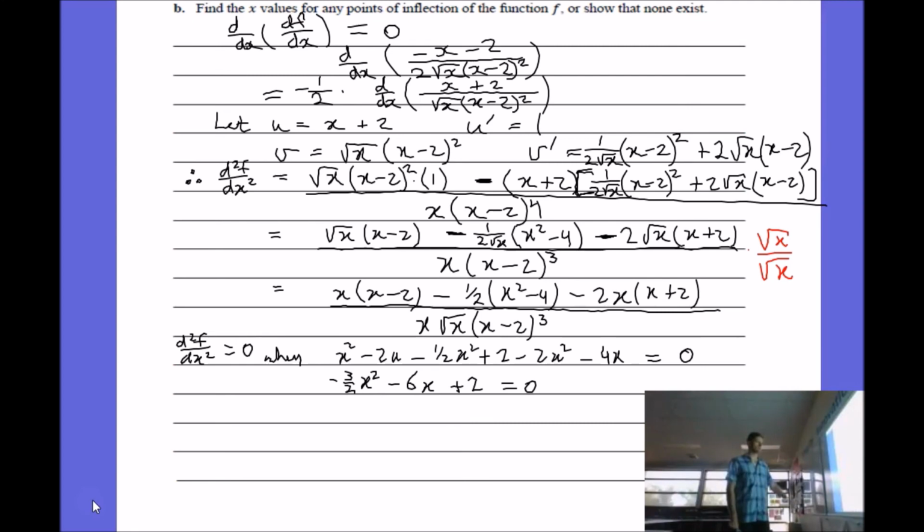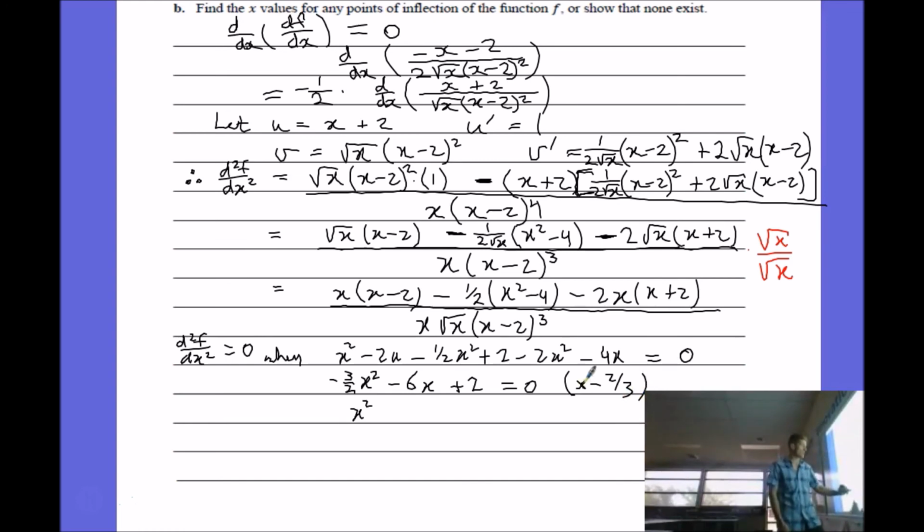Alright, so I get a more simple quadratic, and if I work at getting this by itself, I'm going to do a little trick now. I'm going to multiply by, to help me simplify this, a negative 2/3, perhaps.